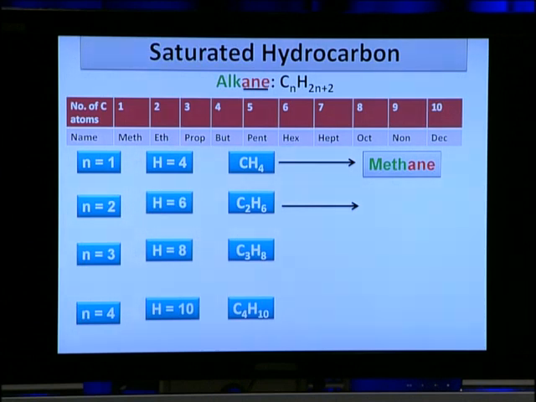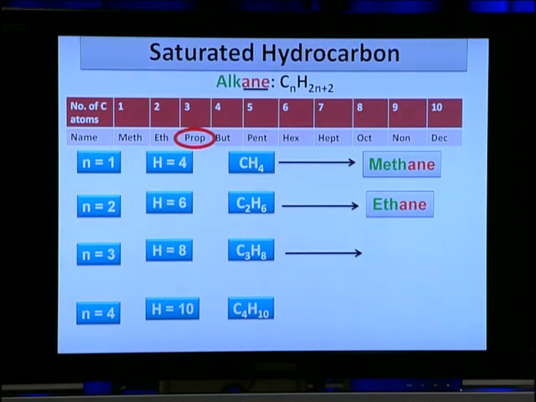Let's try the next one. Are you ready? The next compound we have is with the formula C2H6. Since this compound has 2 carbon atoms, we can assign the prefix eth and then add ane, it becomes ethane.